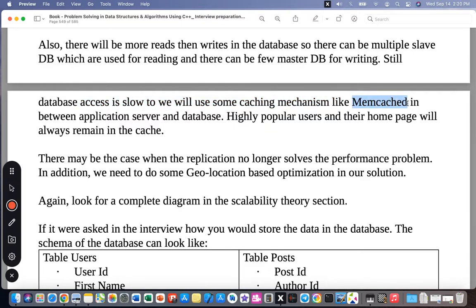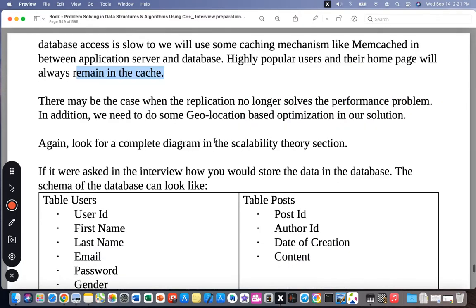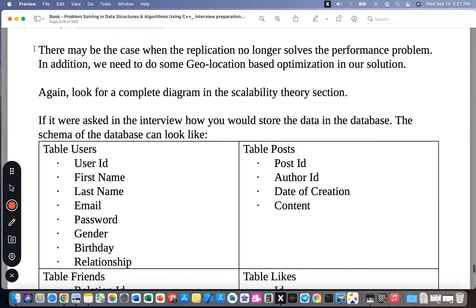It's a mechanism for caching the database. Why? To make it faster. Memcached sits between the application server and the database server. Highly popular users and their homepages will remain in the cache. The famous ones, the icons, their profiles will be in the cache for faster access because they are more likely to be visited.